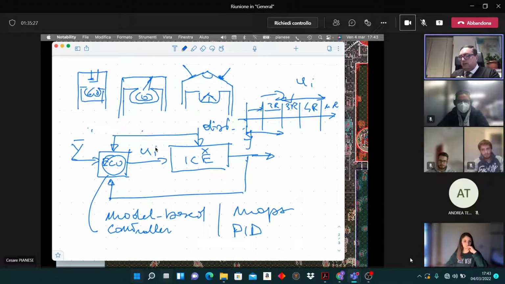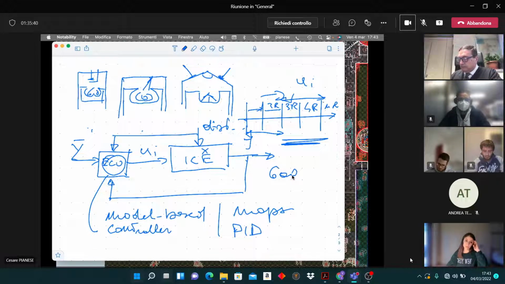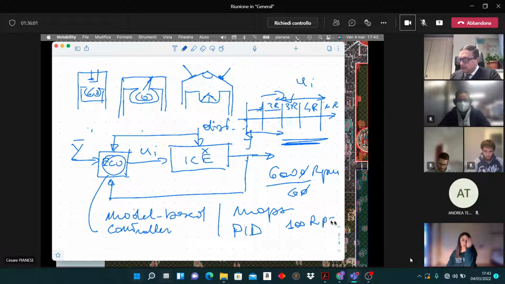You may inject the fluid, and this has to be computed every 2 revolutions, and then you must actuate every 2 revolutions. So if you are running at 6,000 RPM, that means you have 100 revolutions per second.